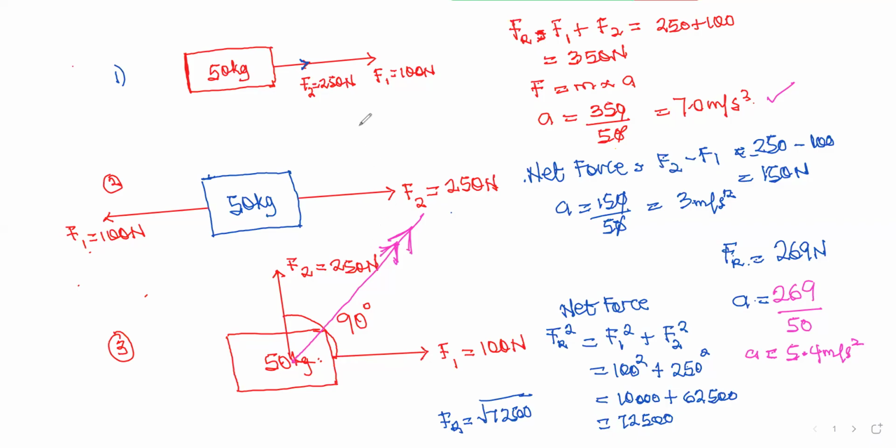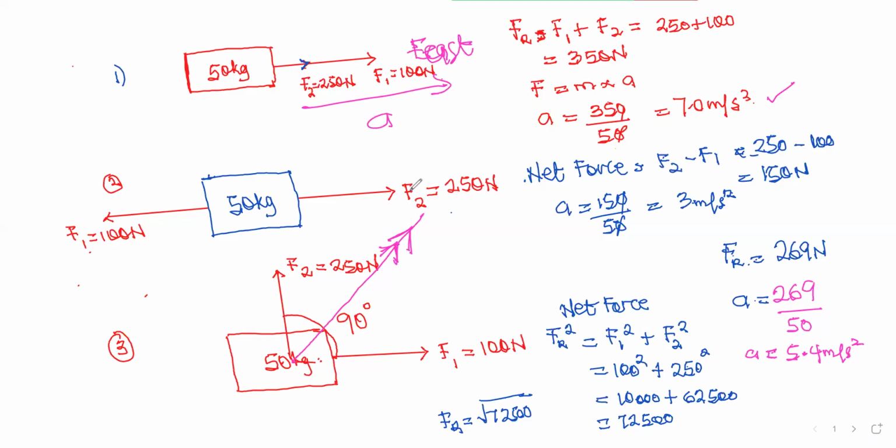In the first case, because the two forces had a common direction, due east or to the right, the acceleration would also have a direction along the same path. In the second case, the larger force is the 250, or F2.